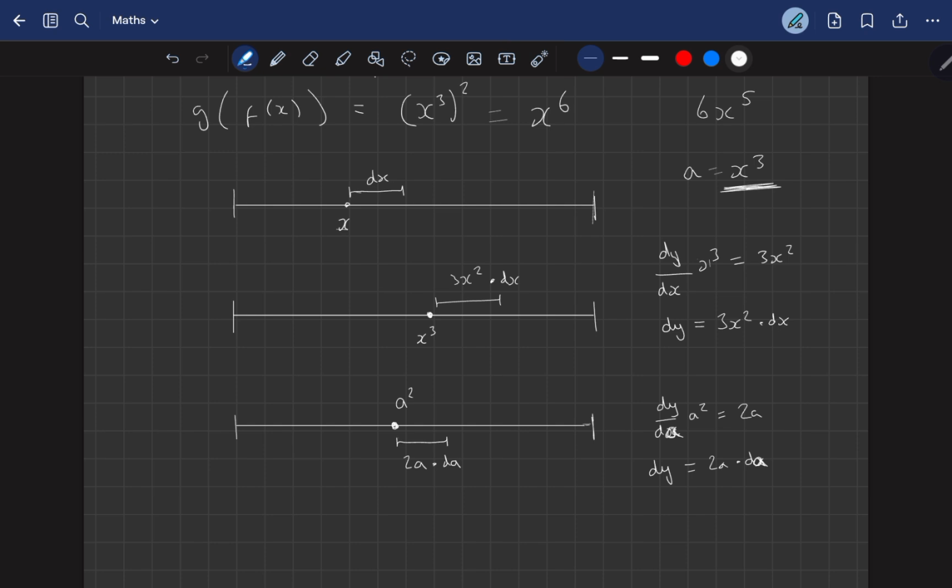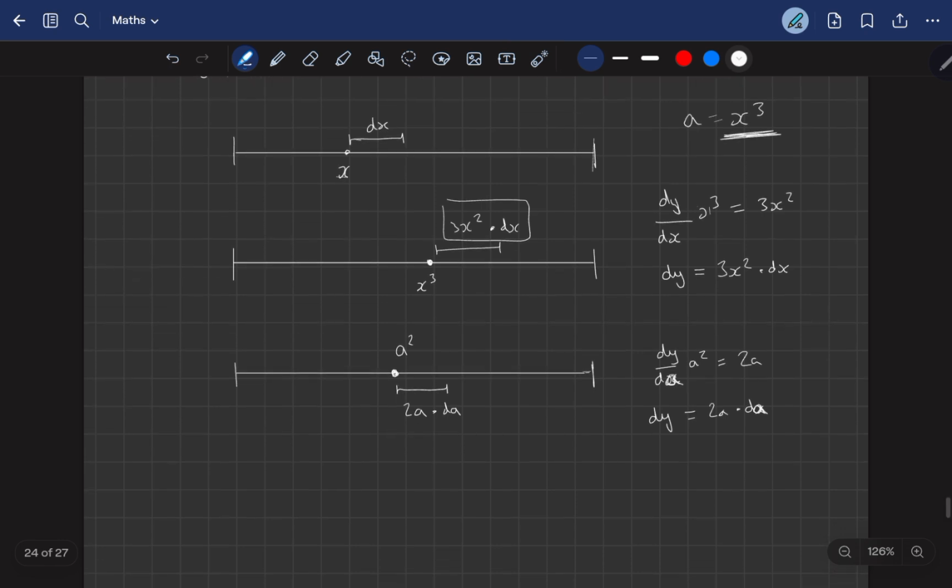But we've already calculated this. It's this value right here. So the difference of a caused by a slight nudge in x is 3x squared times dx. And this value is equal to the difference of a. So we're actually just doing 2a times 3x squared dx, because 3x squared dx is the difference of a.